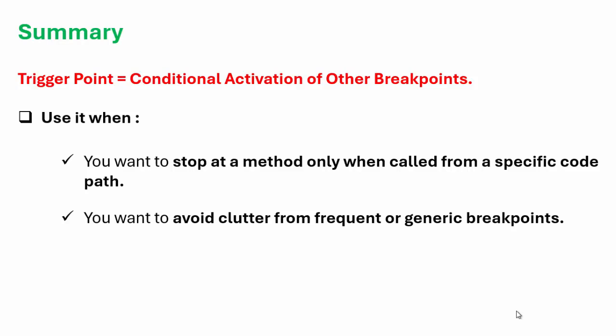So in this case, if you think, we had 3 invocations. Now, if I just placed a breakpoint only at validate, it would have called 3 times. But if I want a specific scenario, specific path to be debugged, we have to use trigger point. Otherwise, we cannot avoid the clutter or too many calls.